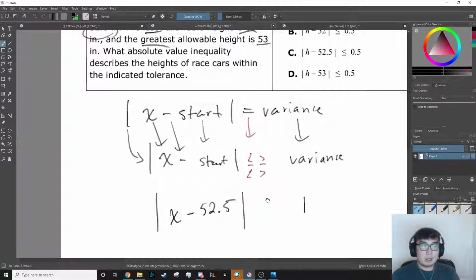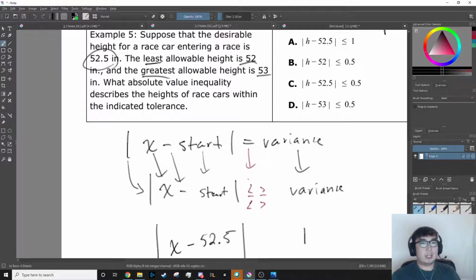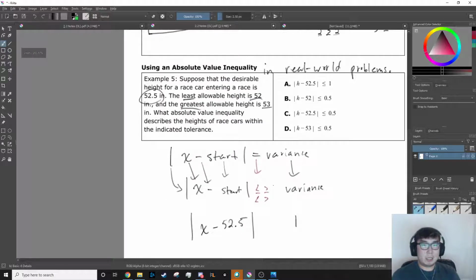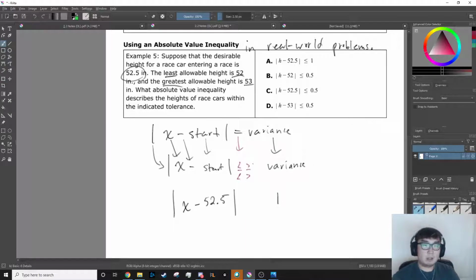Okay, but how do I know which sign to use? Well, the best way is to guess and check, but I know that in the statement it cannot pass 52 and 53. So I already know that it has to be an equal to. And really now it's just like a 50-50 odd.